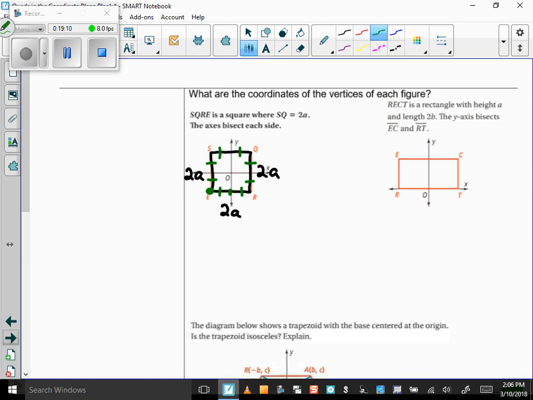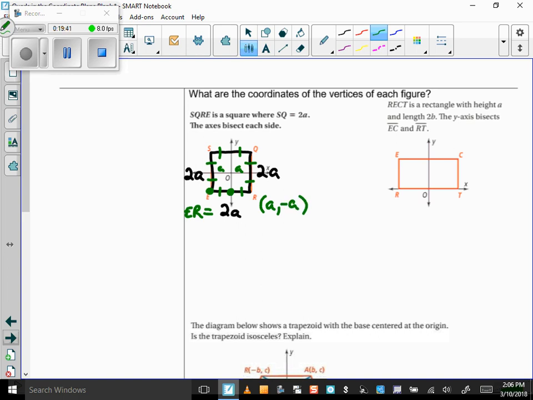So what am I trying to, oh, I'm trying to find all the vertices. Okay, so if ER is 2A and everything equals 2A, then I know that from the y-axis over to R is A units long. This would be A units and this would be A units. So the vertex at R, I got to go over A and I got to go down A units.